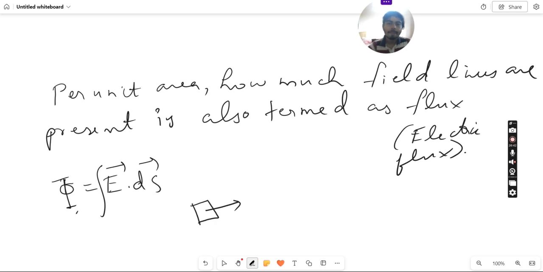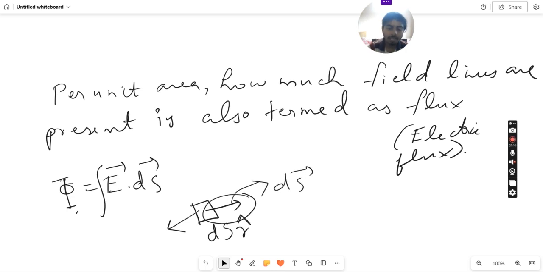Like an area element, let us say the area of this thing is ds. Then it also has an arrow pointing in either of these directions. We can choose one direction and denote that unit vector by r, and then this area can be treated as a vector, and that is ds.